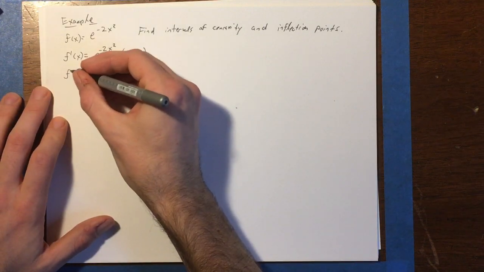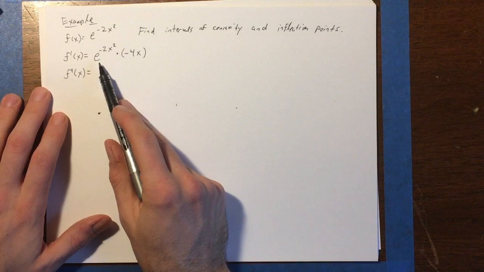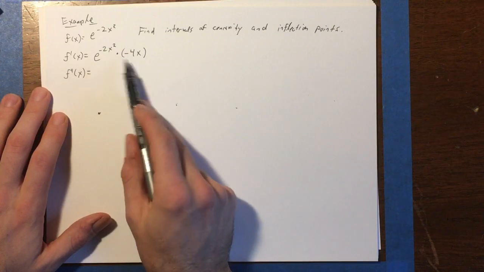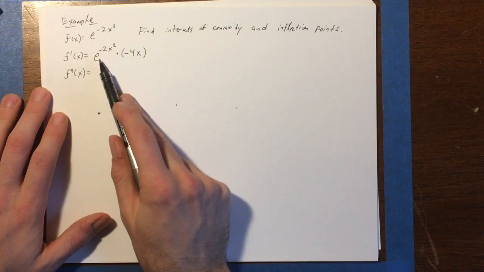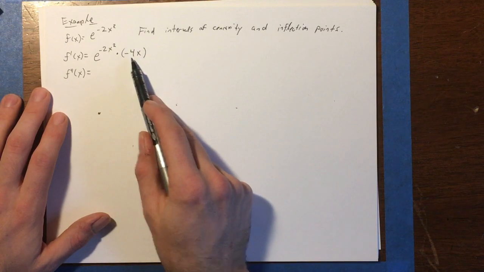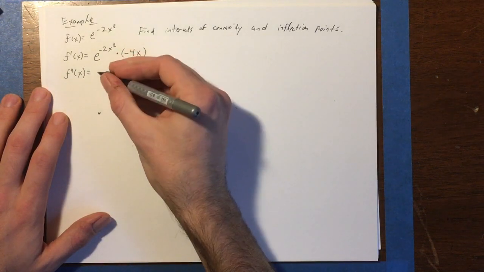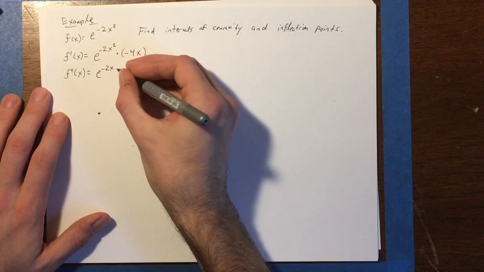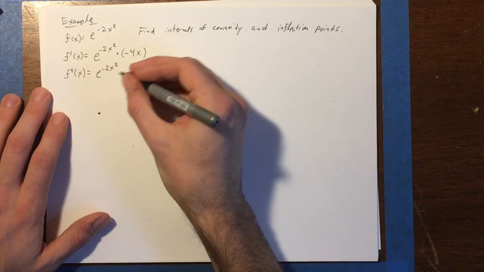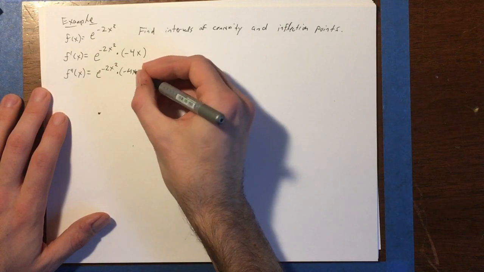And now f double prime, this time taking a derivative of f prime. F prime is now a product of two functions of x. We have the exponential one, and then we have this linear function. And so we need to do the product rule on this. So first we'll do the derivative of the first thing, which is exactly what we already found, negative 4x times e to the negative 2x squared times negative 4x.